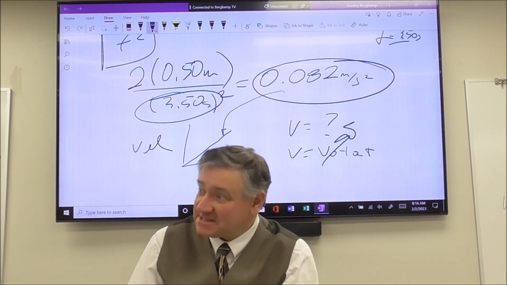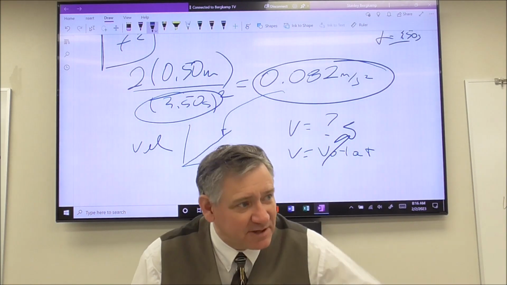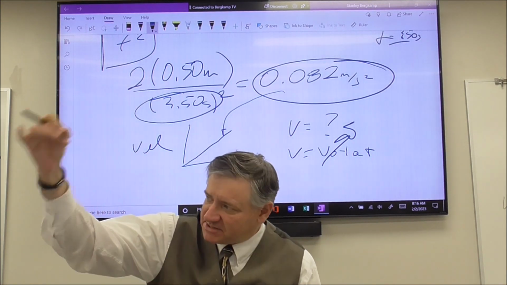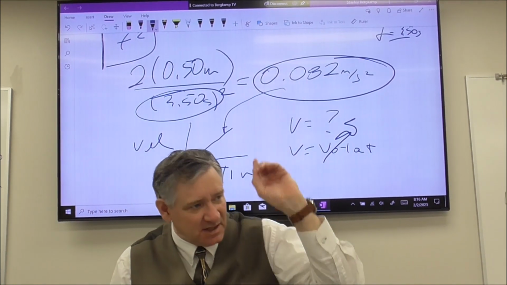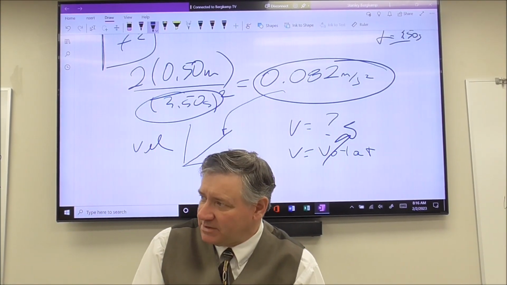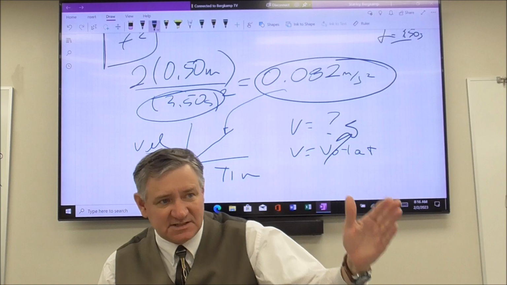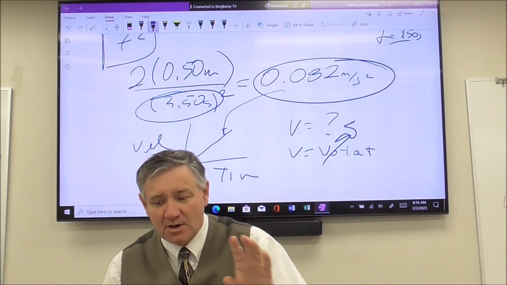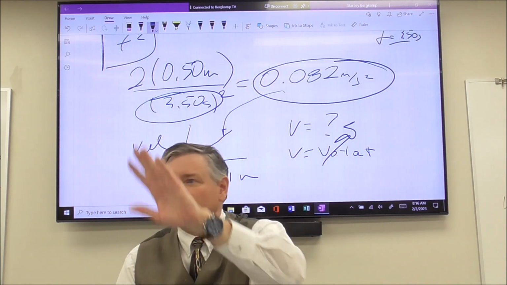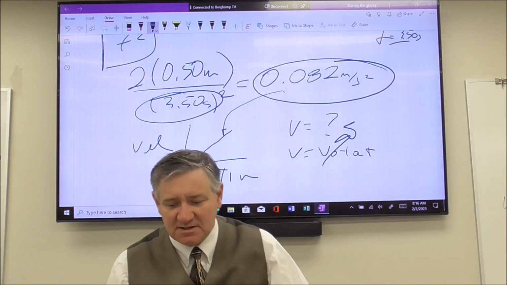Fantastic. That's what the acceleration means: for every second that goes by, my velocity changes by 0.082. So at the end of 1 second, you are going 0.082 meters per second. Beautiful answer, right? That's what that number means.